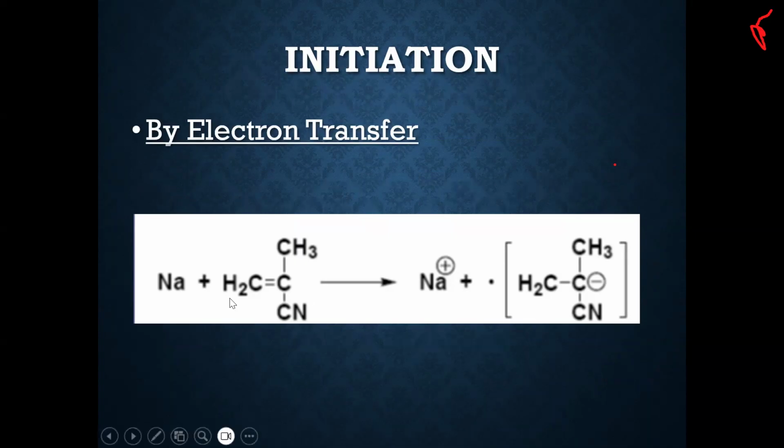So we have a monomer here, which reacts with the metal, and we know that metals readily lose electrons, so it can lose an electron, which will be attracted by the monomer and form an anion, and the sodium metal will be positively charged.